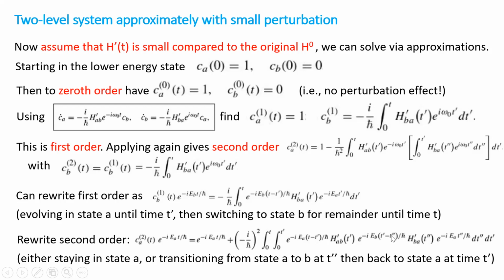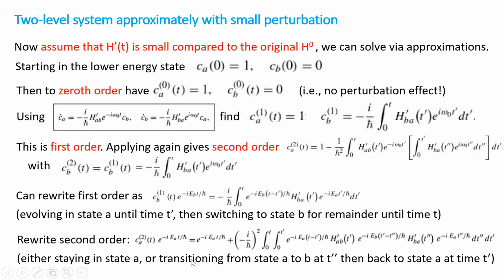Then we evolve in state B to time t prime, and then we switch back to state A at time t prime and evolve the rest of the way from t prime to t.